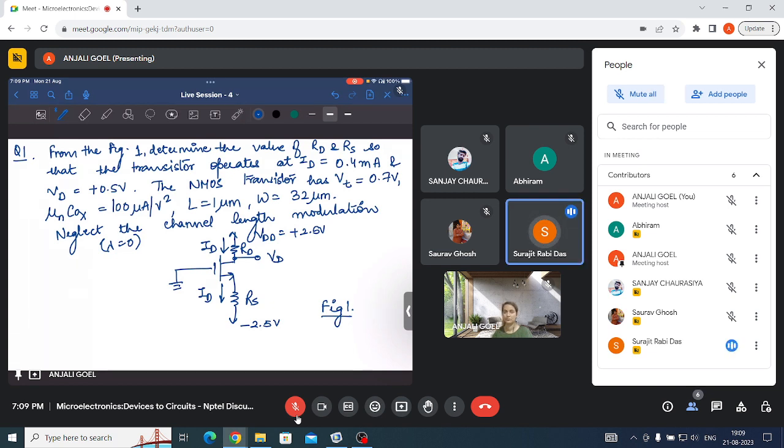Yeah, this 5 kilo. Can you repeat? Surajit? Yeah, it's 5 kilo RD. Yeah, it is 5 kilo ohm.